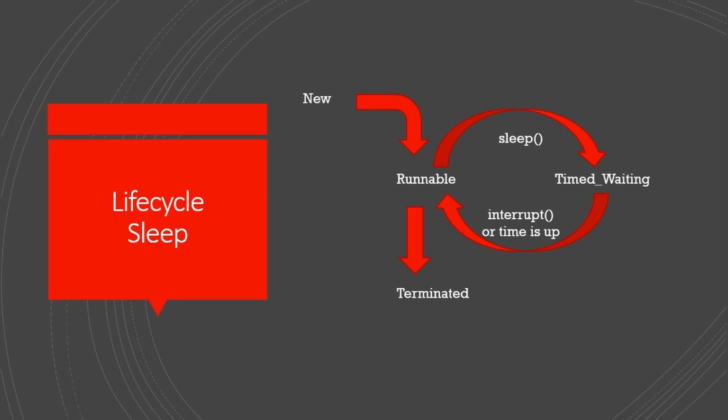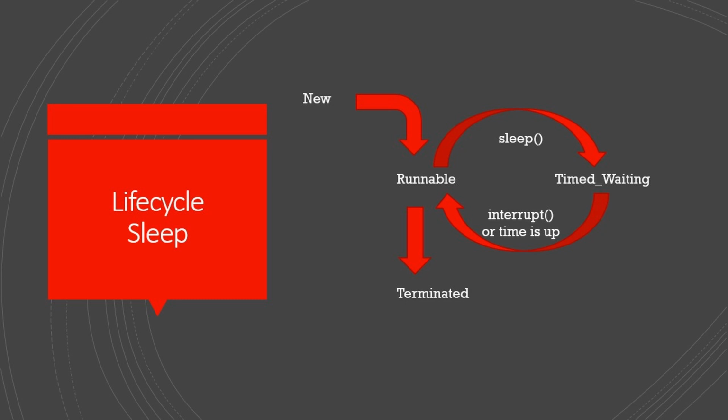So, getting back to our lifecycle, you have a thread in a runnable state. We put it to sleep, calling the Thread.sleep method. It gets into a timed waiting state. We interrupt the sleep, or the waiting time is over. Our timed waiting thread returns to the runnable state and then waits. It's still waiting.